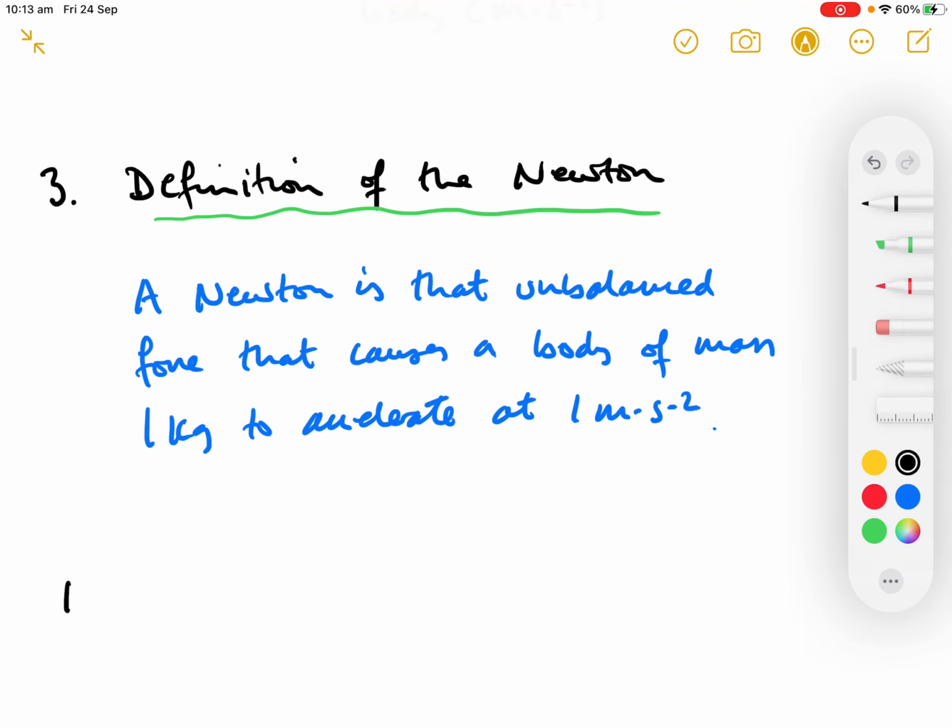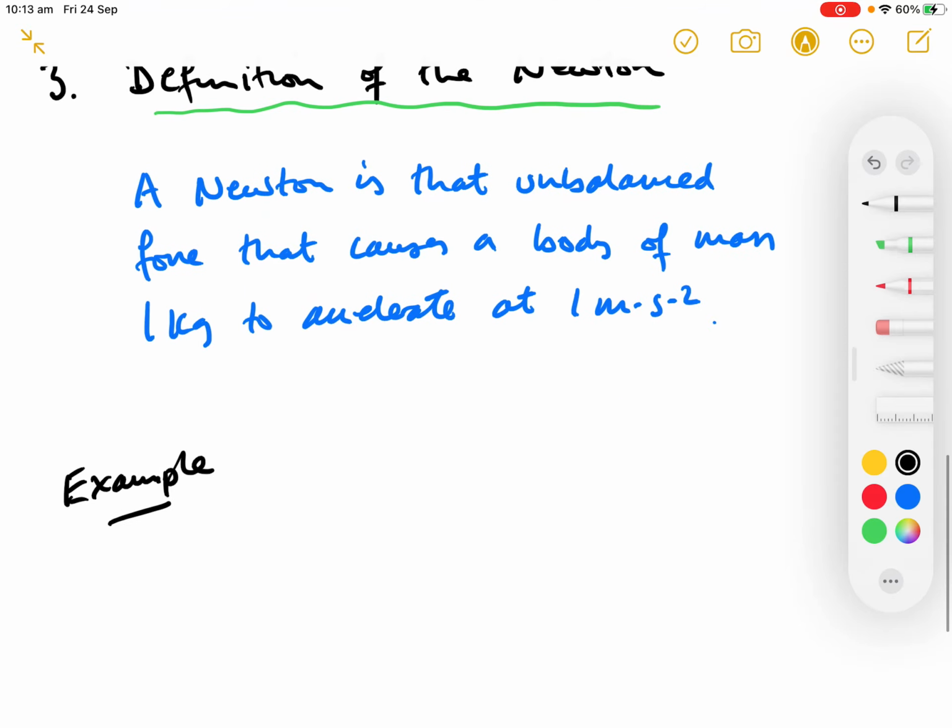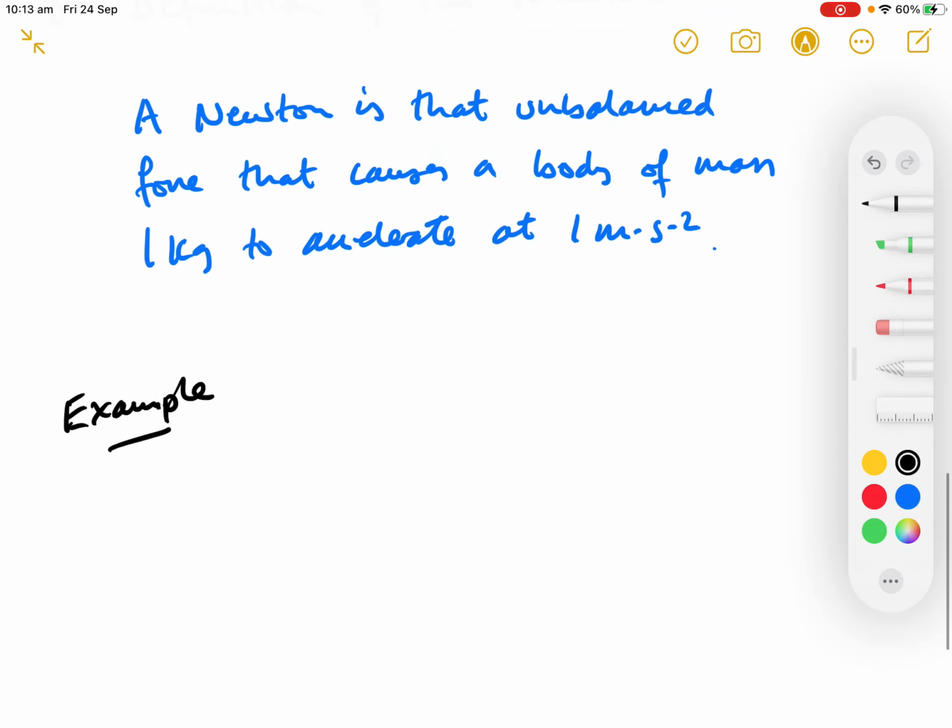Let's do an example of Newton's second law. So let's imagine we have a car.